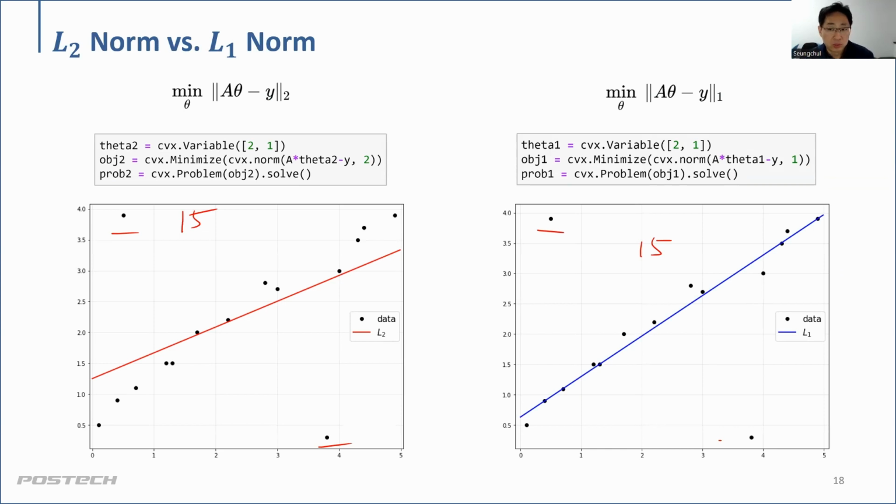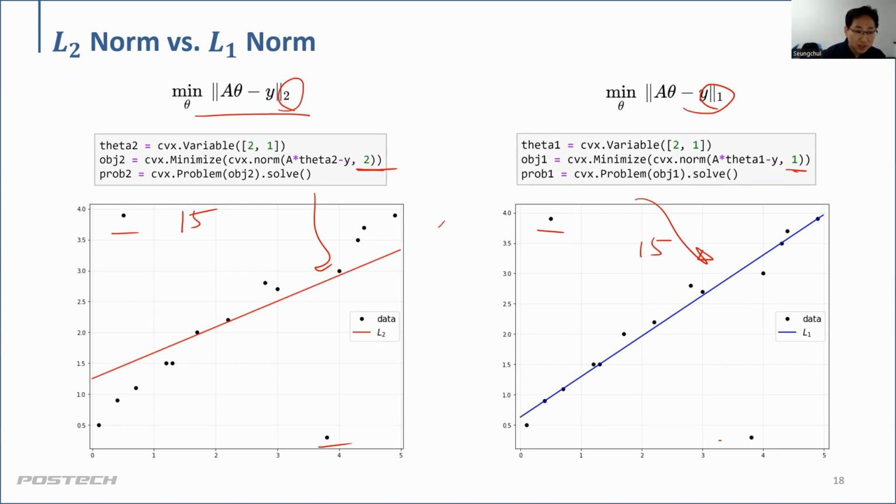Since the computer doesn't know, the only thing we can do is linear regressions in 2 norms and 1 norms. I programmed it, and I asked CVXPY to compute the thetas and plot them. Interesting.